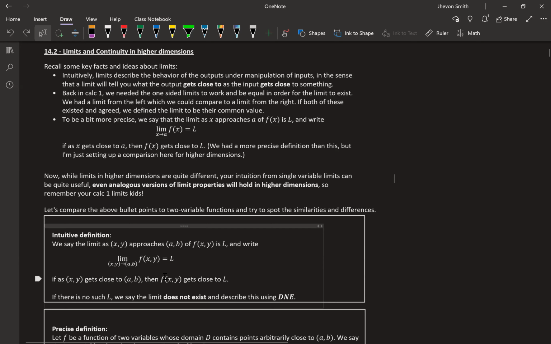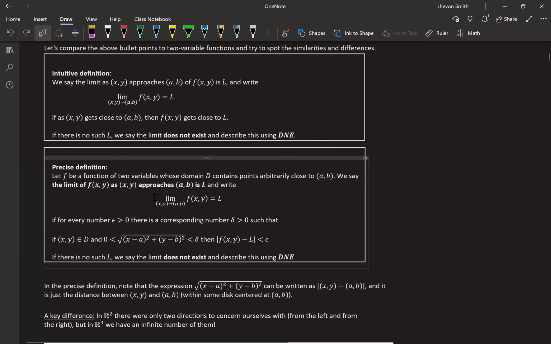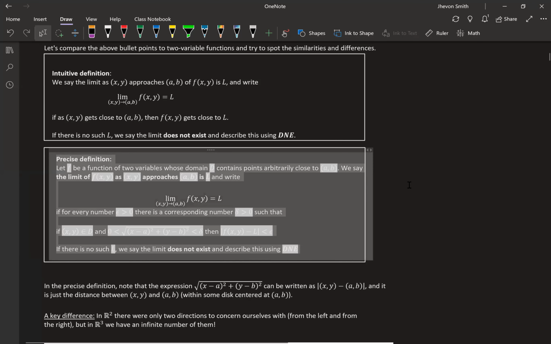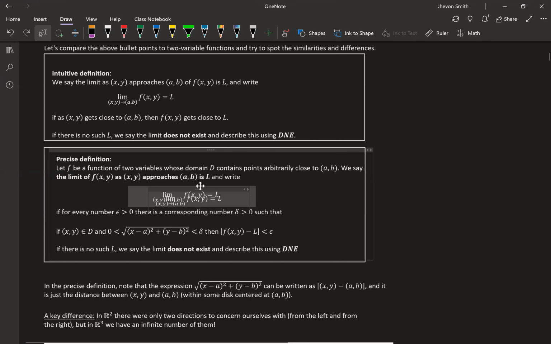Now there is a precise definition. You might have remembered the epsilon delta definition from Calc 1. There is a corresponding epsilon delta definition for these as well. So this is it here. Now we're not going to use this epsilon delta definition much, but you should know it.